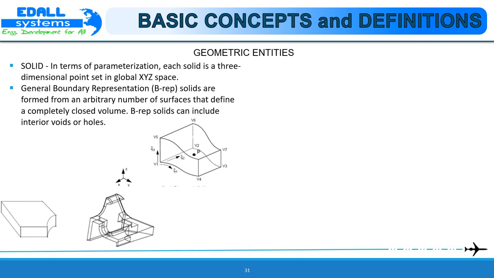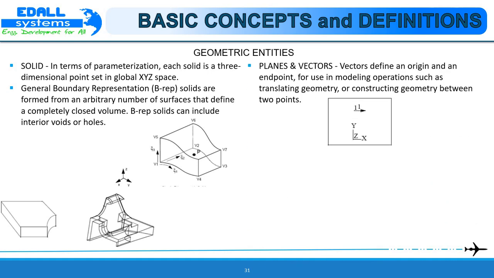Any given point P in a solid can be located by the 3 coordinates whose values range between 0 and 1. General boundary representations are formed from an arbitrary number of surfaces that define a completely closed volume. B-rep, that is boundary representation, solids can include interior voids or holes.